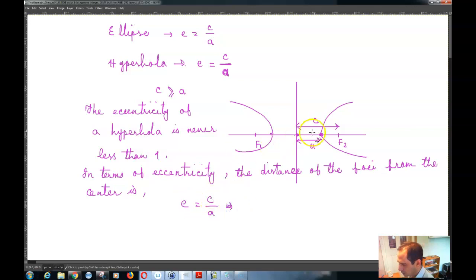That means that since the foci are at a distance of c from the center, c is equal to e times a. So in terms of the eccentricity, the distance of the foci from the center is e times a.